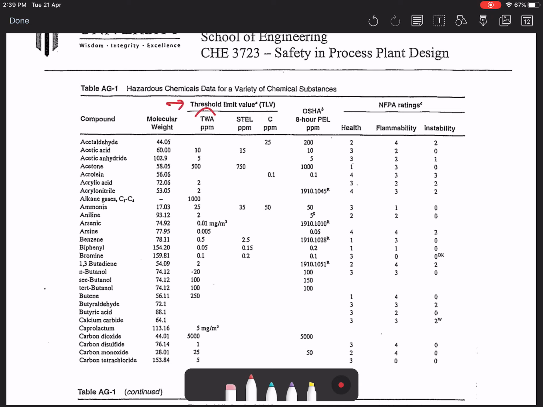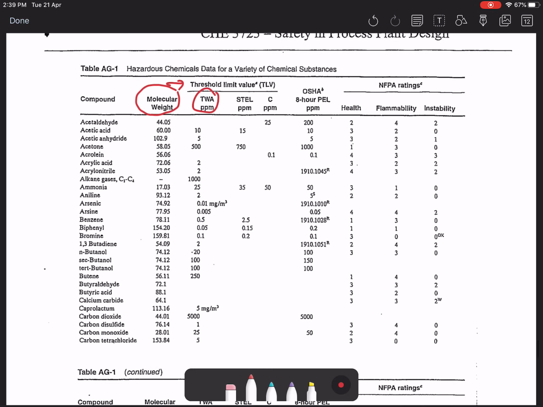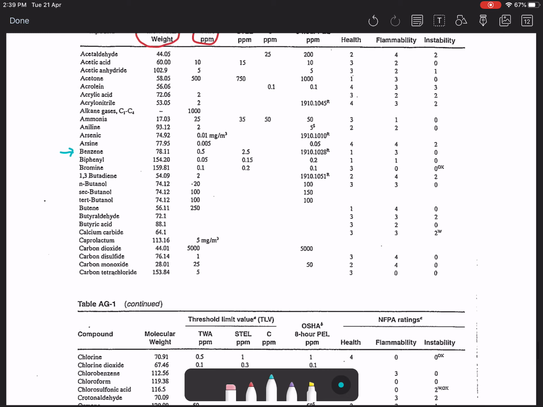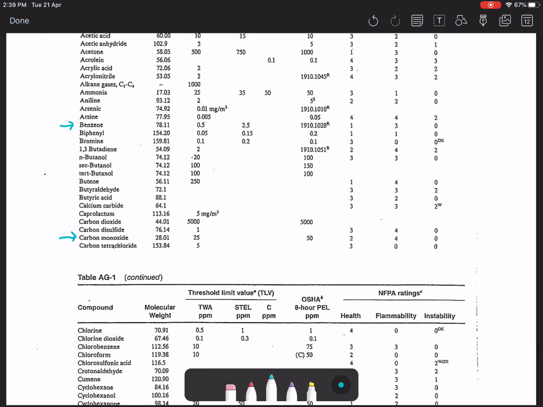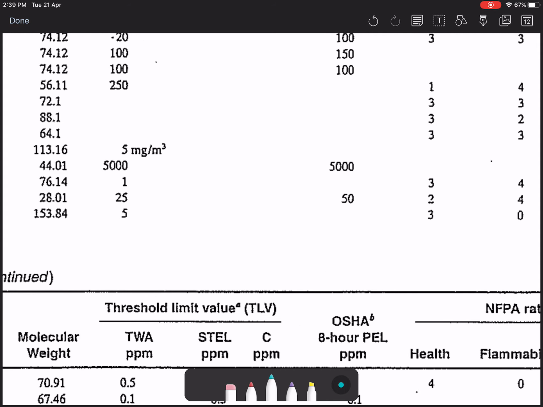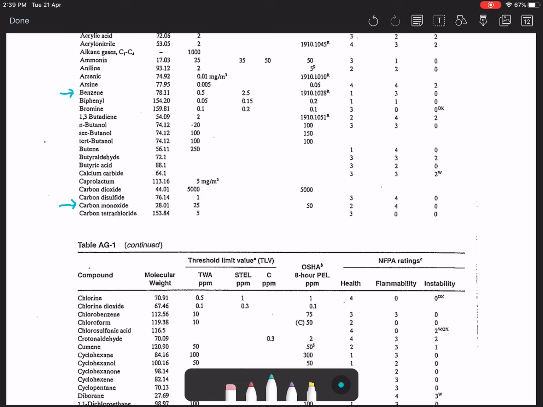Okay, so we have our TWA, and at the same time, because we need it to calculate, your molecular weight is given here. So we are looking for 3 elements. One is benzene. So let's find out where benzene is. Benzene's here. Okay, and we are also looking at carbon monoxide, and also chlorine. Once you have the data, you convert it back.